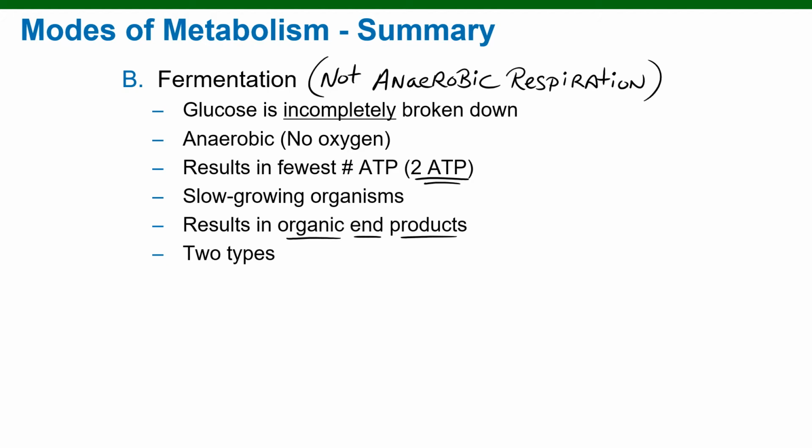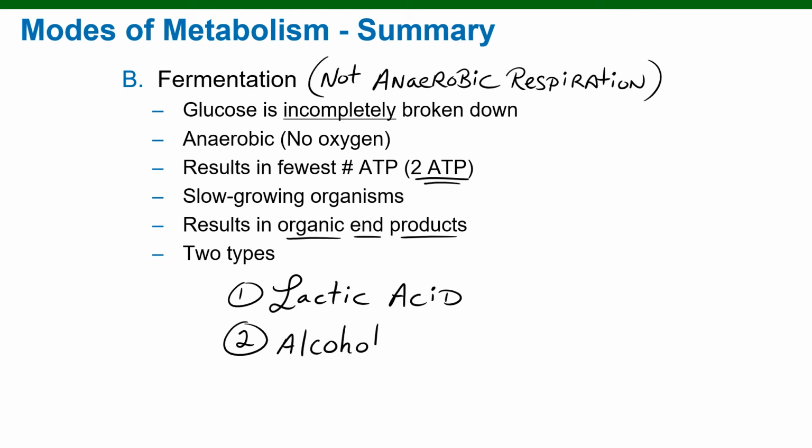And there are 2 major types of fermentation that we'll describe here in the coming slides details wise. We have lactic acid fermentation, and this is a type of fermentation that happens in the human body, but also there are some bacteria that are lactic acid fermenters. And we also have alcoholic fermentation.